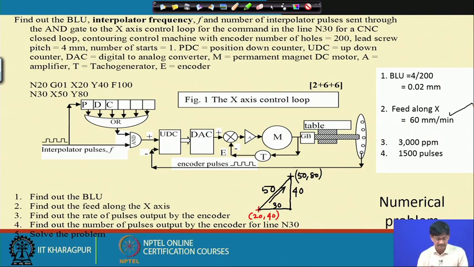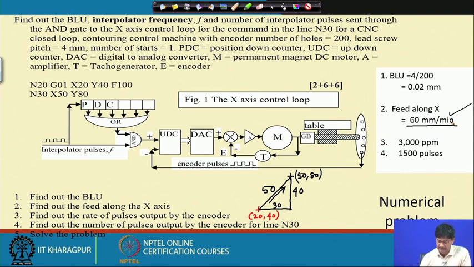Next, find the rate of pulses output by the encoder. This must be easy. We have done something like this in the last slide itself. So, let us find out how much movement rate of pulses output by the encoder. Now, this is x axis. So, we are having 60 millimeters per minute. Okay.